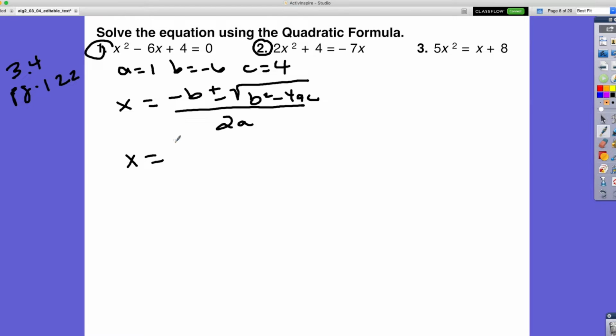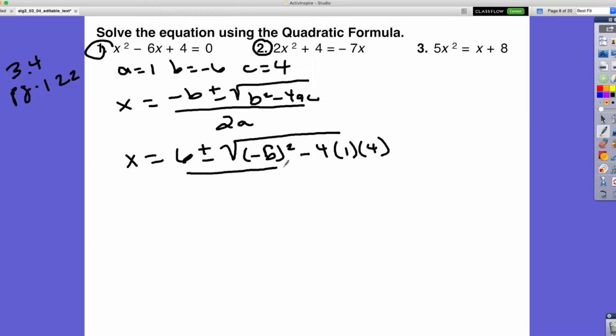X equals the opposite of b, which is +6, plus or minus the square root of b squared, that's a 6, minus 4 times 1 times 4, all over 2 times 1.